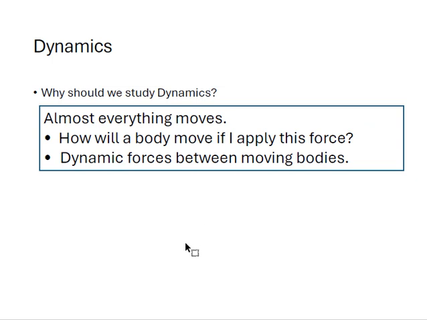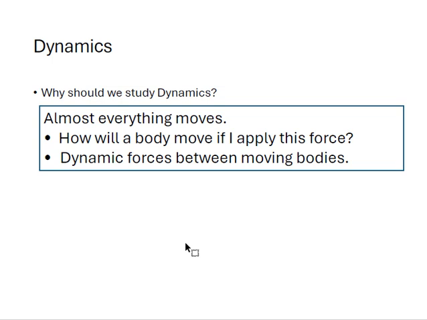Alright, the next thing that you need to think about is, why should we study dynamics? Well, almost everything moves in this world and beyond, in the universe. So we want to understand how an object is going to respond if we apply a force to it, and how these forces interact between these moving objects.